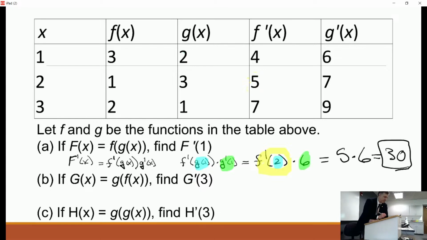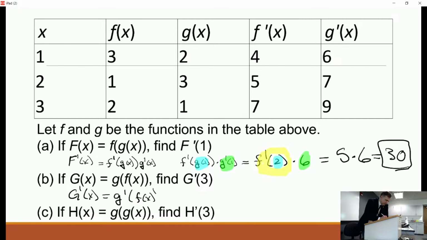So even if you haven't found all the numbers in the table, you should have figured out that the derivative of capital G is the derivative of little g evaluated at f of x times the derivative of f. So that's just the chain rule.